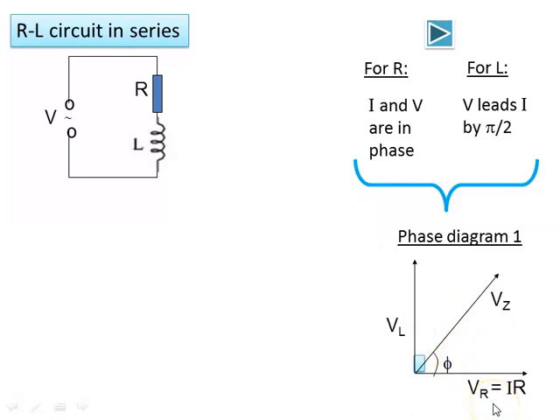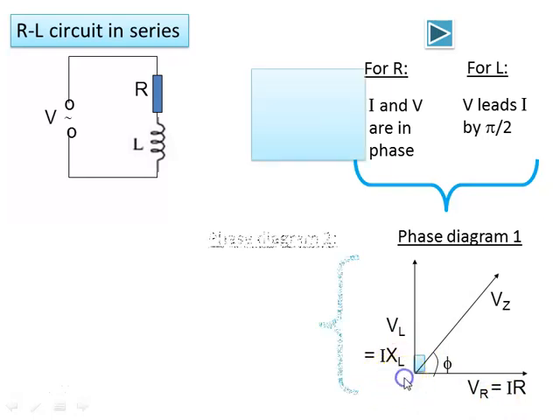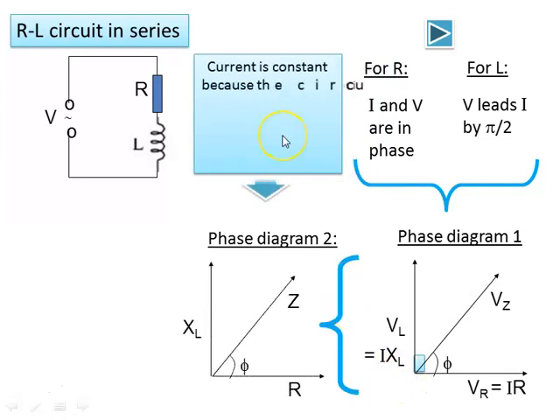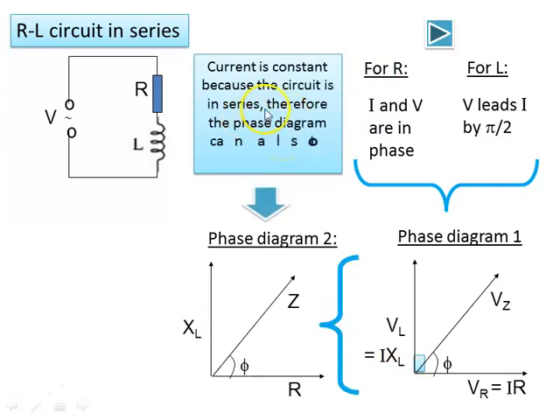And from the formula, VR equals IR, VL equals IXL. XL is the reactance for the inductor. And current is constant because the circuit is in series. Therefore, the phase diagram can also be drawn using R and XL.